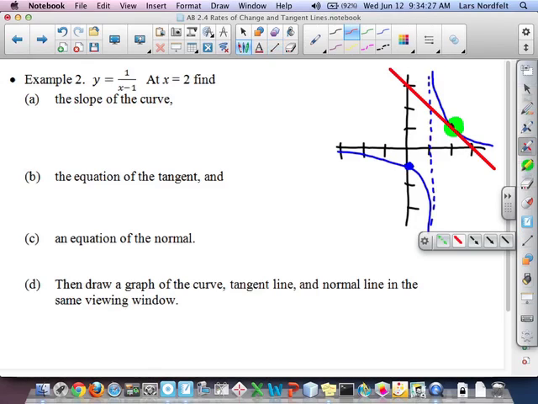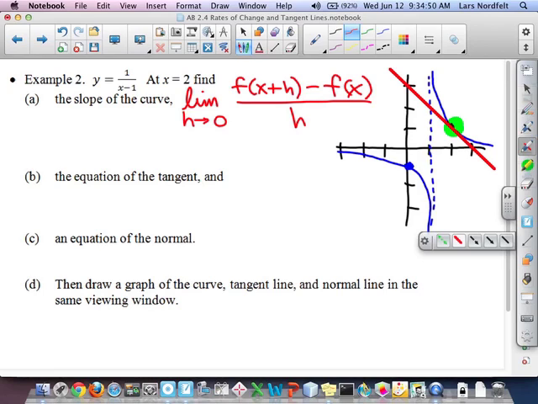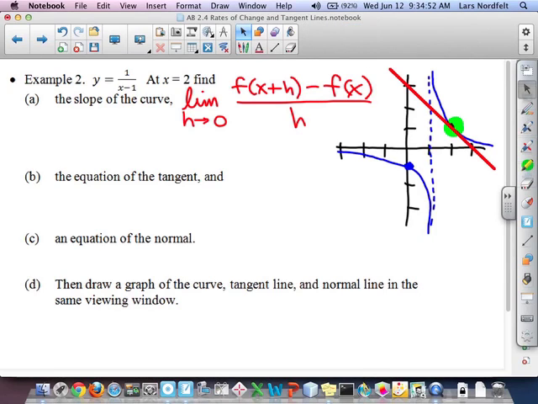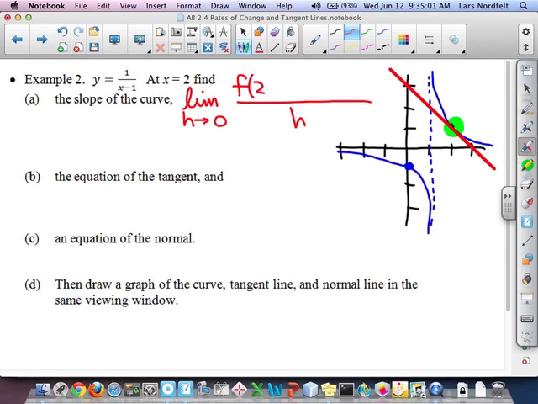At x equals 2, the slope of that curve, one way to do it is the limit as h goes to 0 of f of x plus h minus f of x over h. Oh wait, but we're not using x, we're going to use 2. So f of 2 plus h minus f of 2. What's this limit?